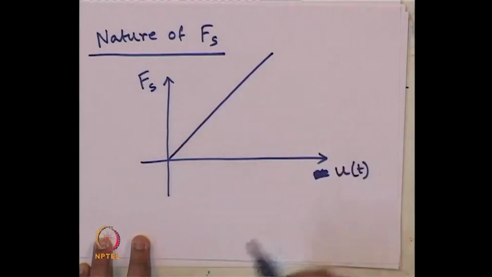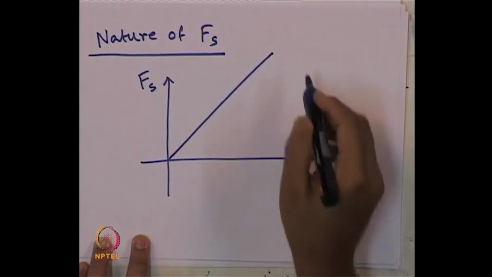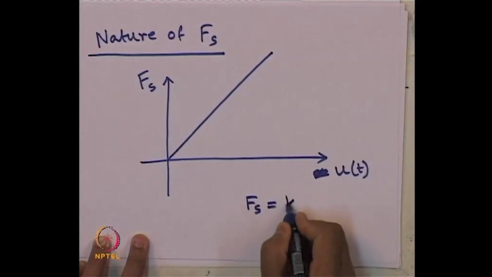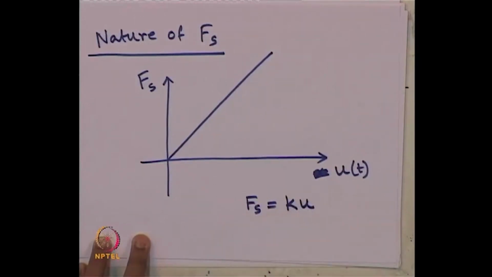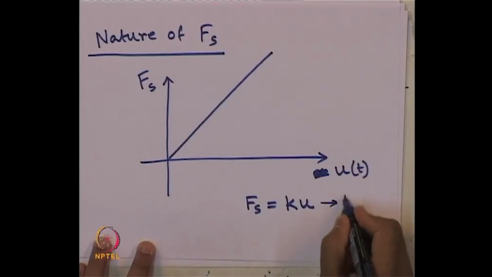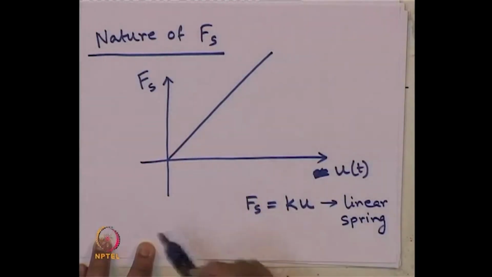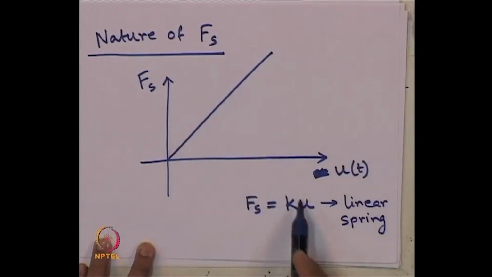It may vary like this, that is linear variation. In that case, we write F s equals to k times u. So, stiffness constant times the displacement will give us the stiffness force. This is valid only for linear spring, that is where the force displacement relation is linear like this, then only the slope of this graph is nothing but the spring constant.